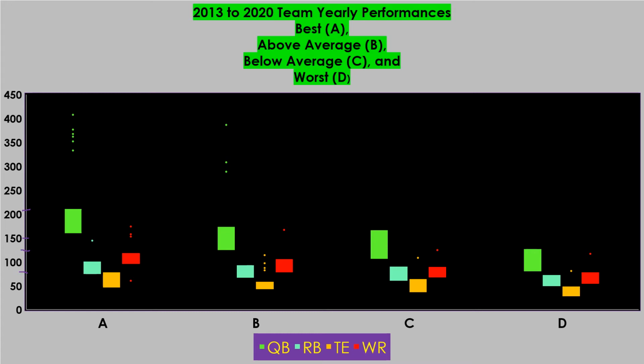Just looking at the intensity of the data, the quarterback is a big difference here, and we see some difference with the tight end, some difference with the wide receiver, and very little difference, maybe a little bit, with the running backs. So I think that's kind of how I would rank that.